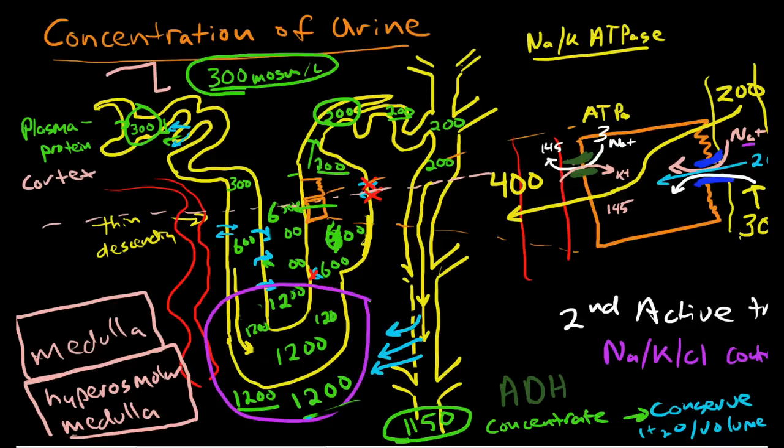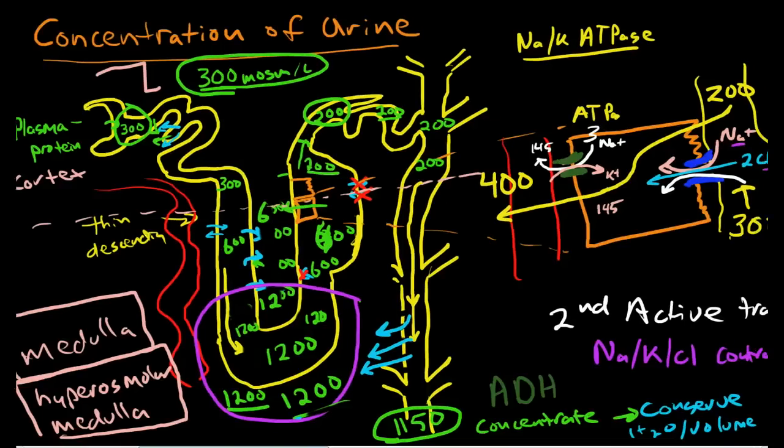Now, interestingly enough, there's a couple of different ways that we can block this, and we do. One way is by using a loop diuretic. What does a loop diuretic do? Well, a loop diuretic blocks the sodium-potassium-chloride cotransporter. So it interferes with the concentration mechanism so that we cannot concentrate our urine.